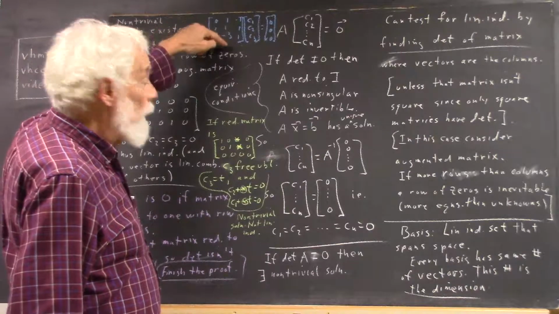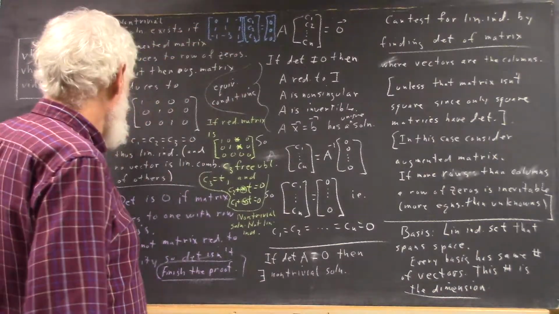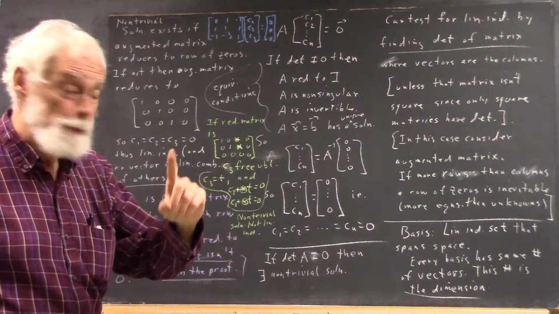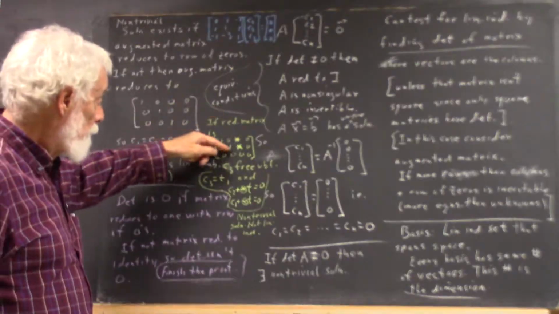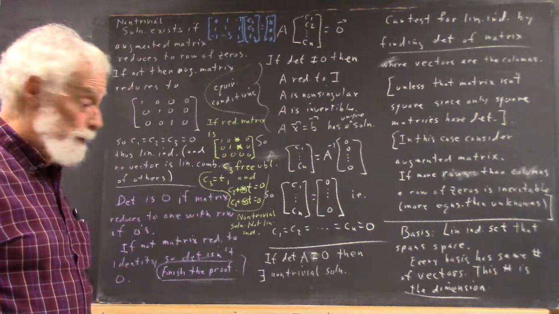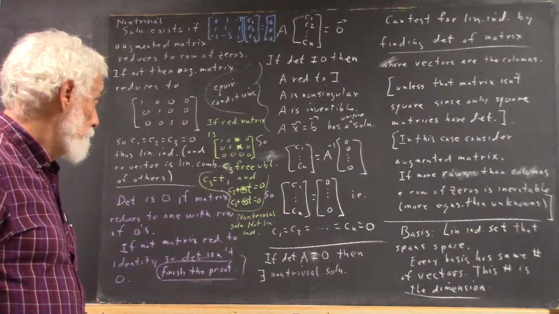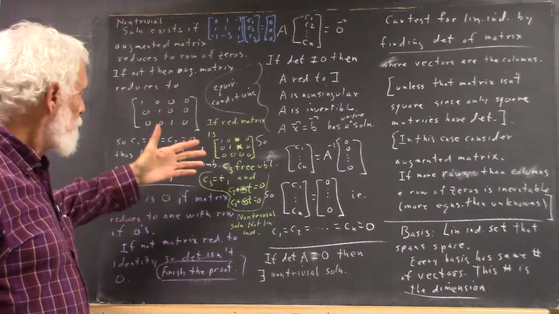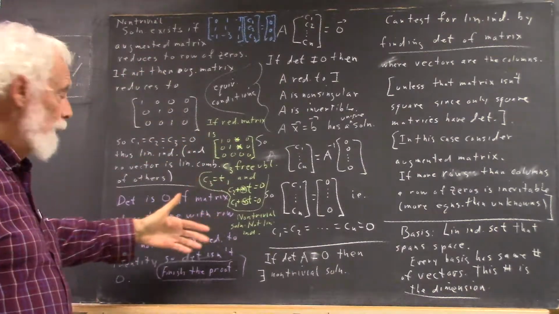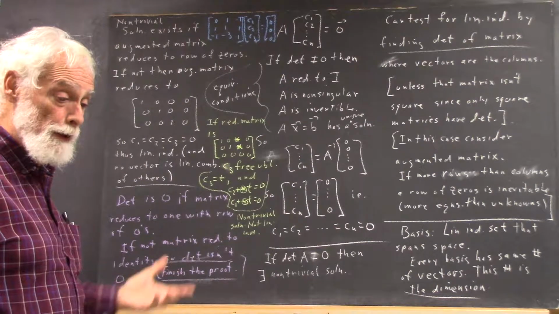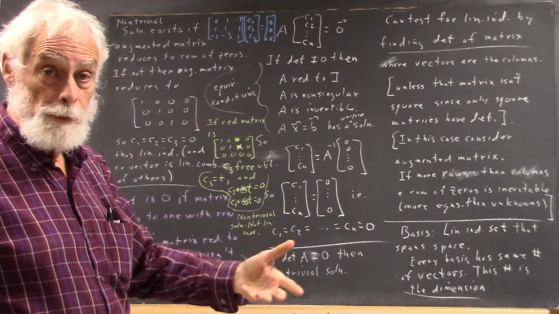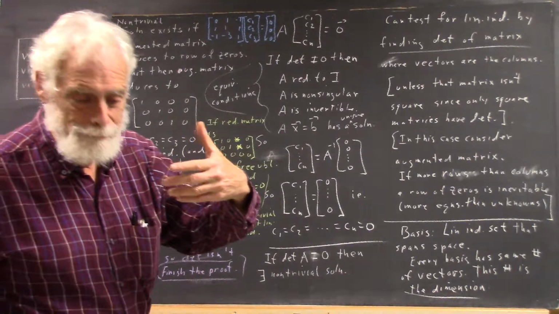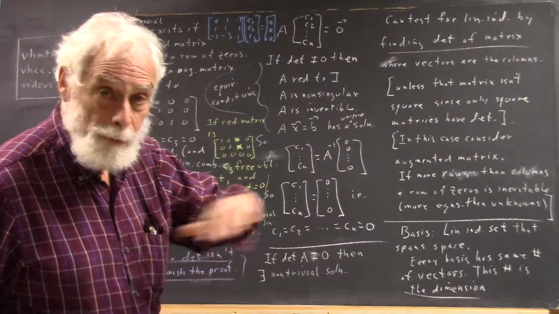So if this matrix reduces down to something other than the identity, you're going to have at least one free variable. You could have two. You could have a row of zeros here too. What the matrix reduces to determines whether you have a linearly independent set or not. It also determines how many free variables you have, so you know what kind of subspace you get.